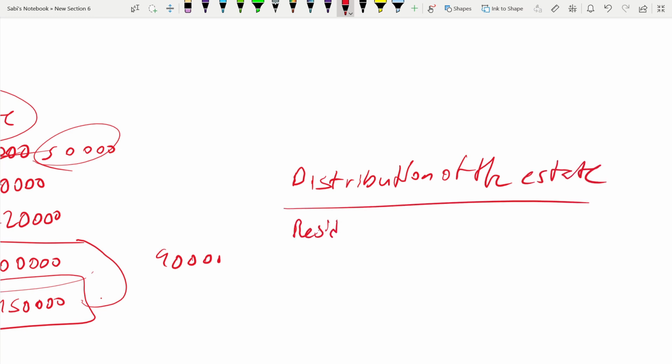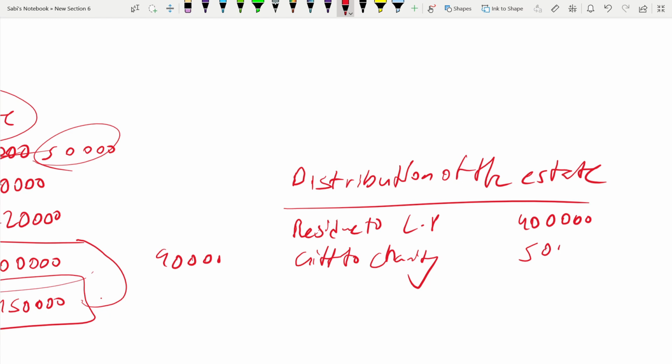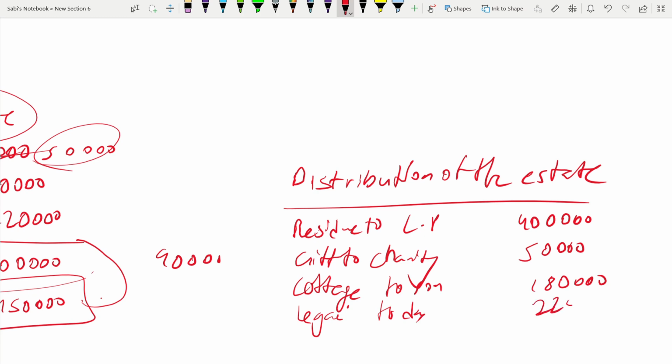Residue to civil partner is 400,000. Through working we got that. Then give to charity 50,000. Then cottage to son 180. Legacy to daughter 220, 110 into 2, two daughters.